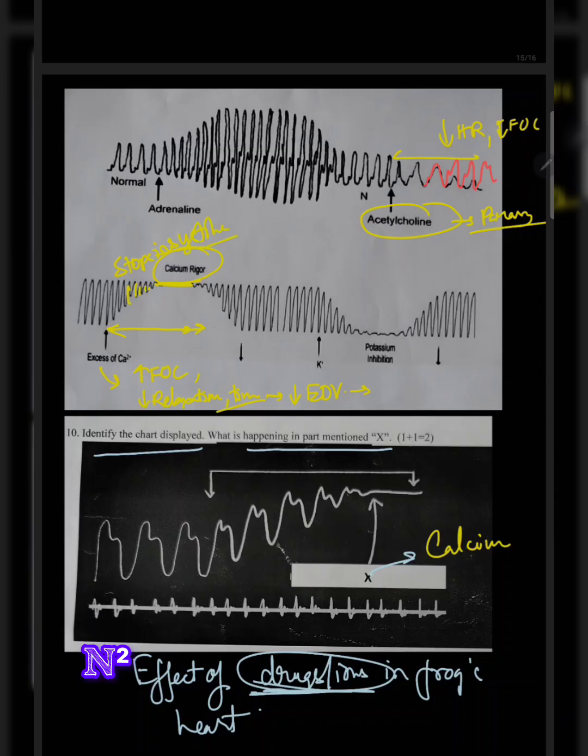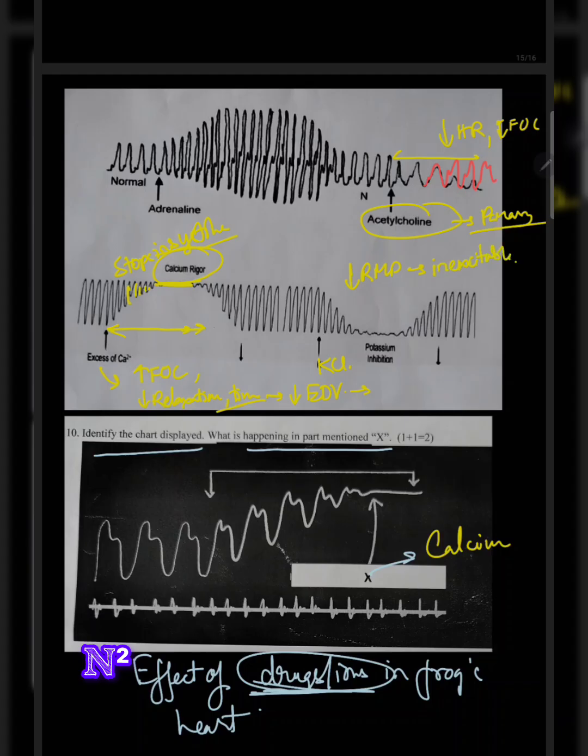Whereas when you supply potassium, in the form of potassium chloride, potassium as such will decrease the resting membrane potential of the cardiac tissues. When this is happening, the tissues become less excitable or inexcitable.